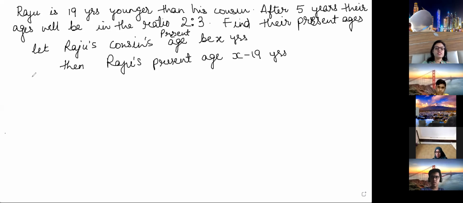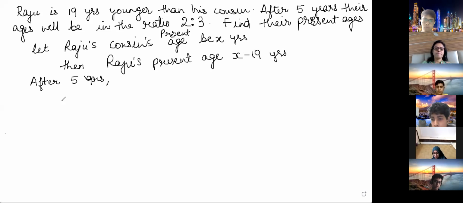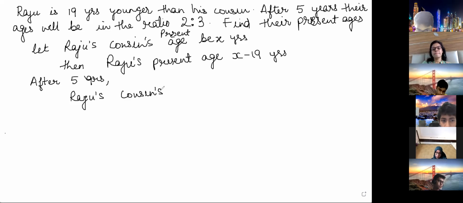After 5 years, now you have to mention their ages. After 5 years, what is Raju's age and what is his cousin's age? Raju's cousin's age is equal to how much after 5 years? x plus 5 years.